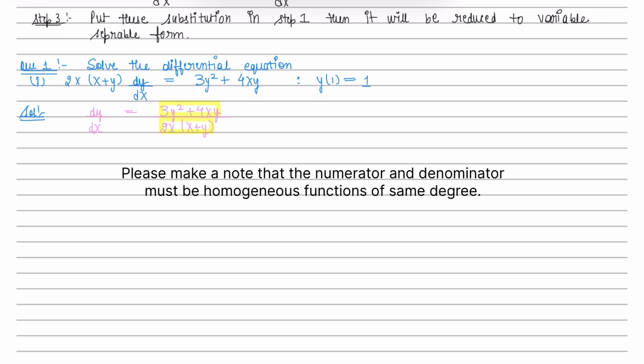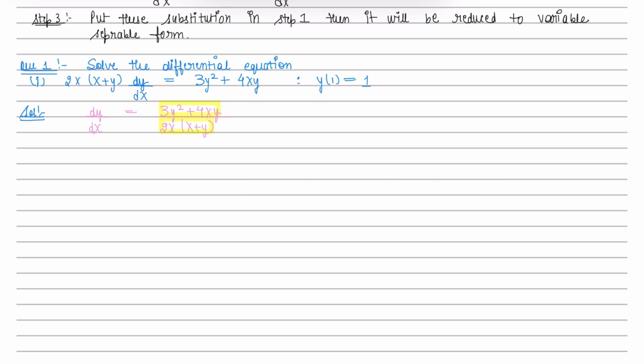And we can clearly see that the numerator is a polynomial where the degree of each term is 2 and the denominator is again a polynomial where the degree of every term is 2. Therefore, numerator and denominator, they both are homogeneous in nature. Then we can proceed with the steps we have discussed to solve this differential equation.